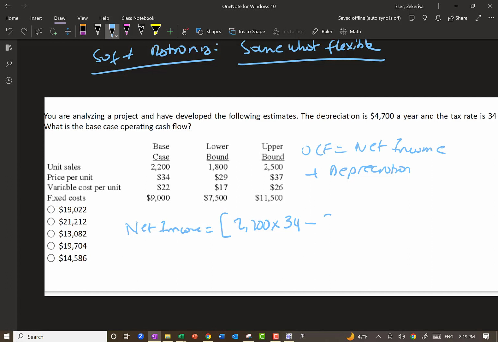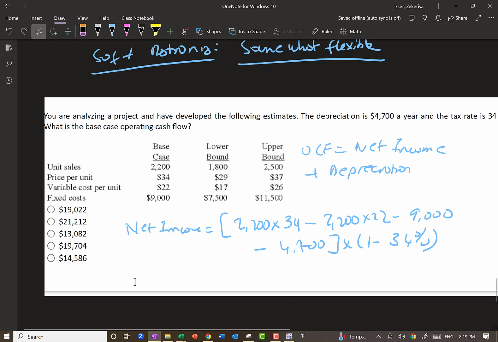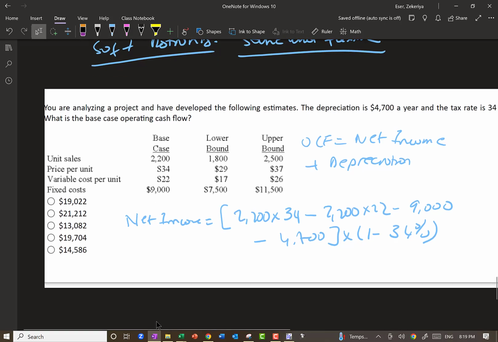Variable costs, 2,200 times 22. Annual fixed costs, 9,000. Depreciation is given 4,700 times 1 minus 34%. All I have to do is calculate that number right here.